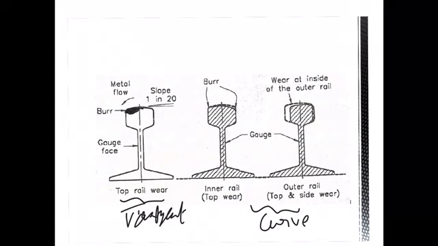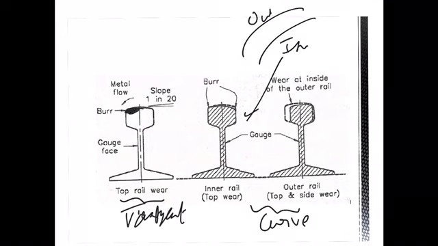On the railway track we have two rails. On the curve, the one at the inner side will have the inner rail wear, and the wear on the outer side we call the outer rail wear. On the inner side, the rail wears only on the top, but on the outer rail there is more concentration of load because of the centrifugal force developed.